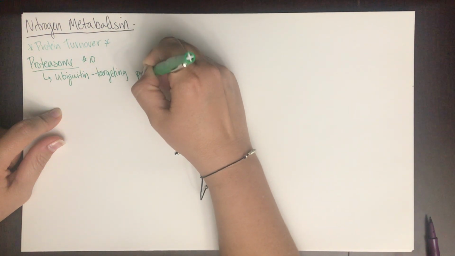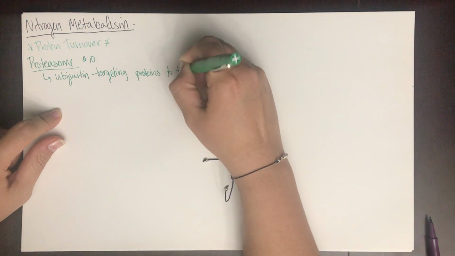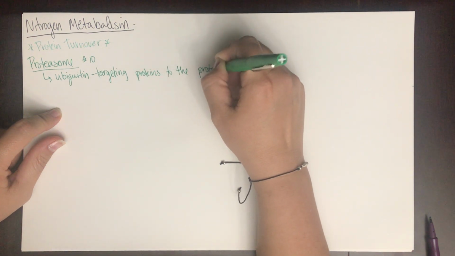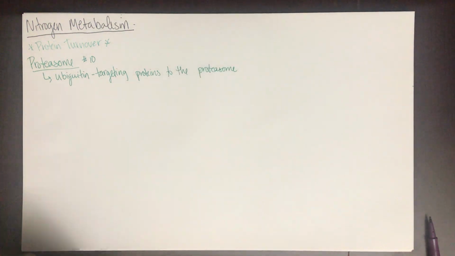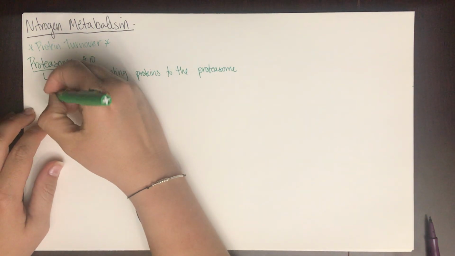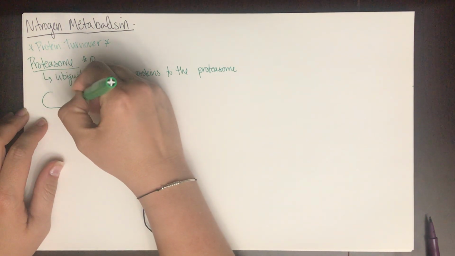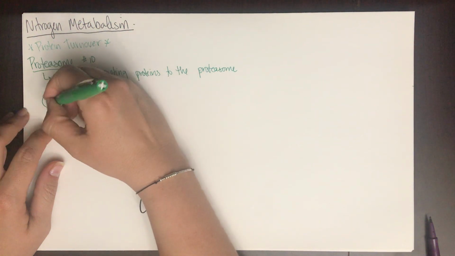proteins to the proteasome. So ubiquitin ligase is an enzyme, and it catalyzes the addition of ubiquitin to a previously conjugated ubiquitin. What happens is you have a target protein. I'm just going to draw it; obviously, this is not what a real protein looks like.